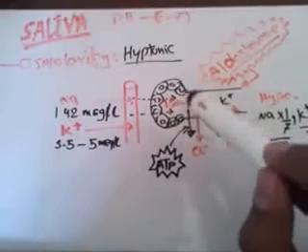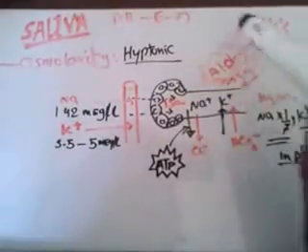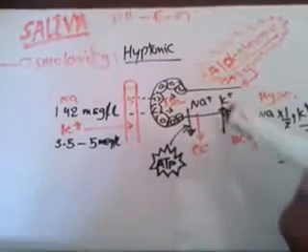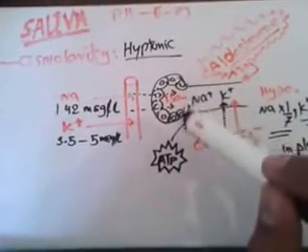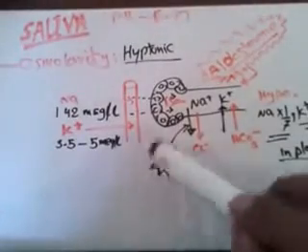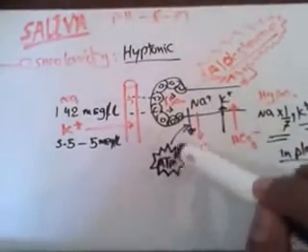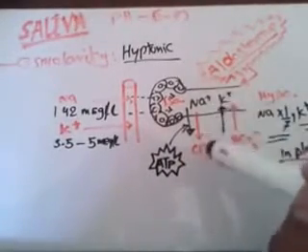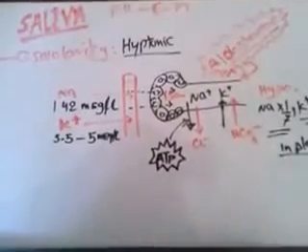So the action of the aldosterone here is to get the sodium out, so potassium in. This is called an active transport that uses ATP, to exchange these two ions.